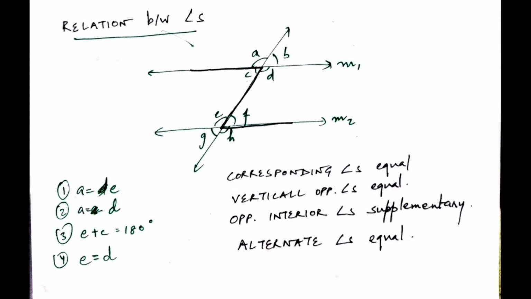And finally, alternate angles. This is very important. With alternate angles, C is equal to F or D is equal to E, these will form a Z-shaped figure. They will form a Z, like the part that is shown in black.